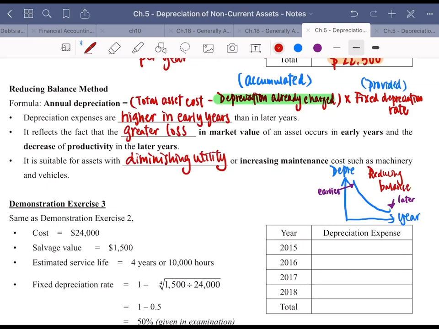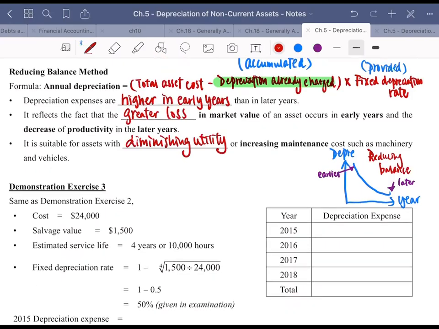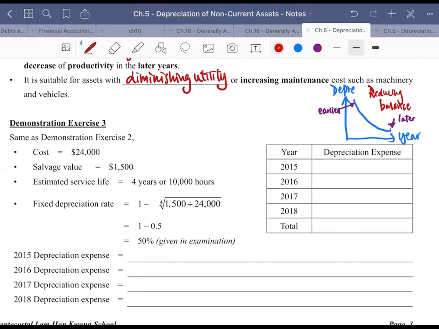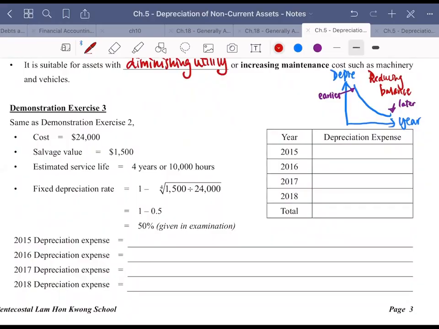So first of all, I will demonstrate the first 2 years to you. Same as demonstration exercise 2, we are going to calculate the depreciation by using the reducing balance method. So the information provided is the same. We have the cost of $24,000 and the salvage value of $1,500, while the estimated useful life is 4 years.